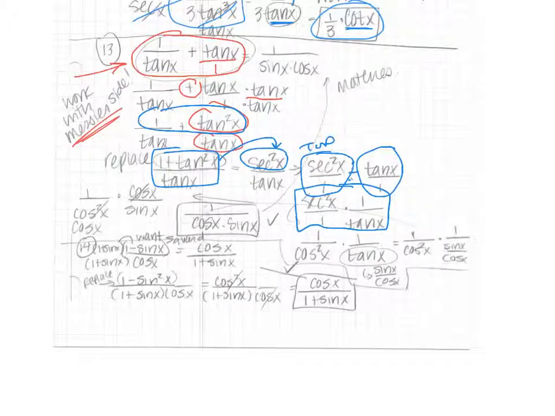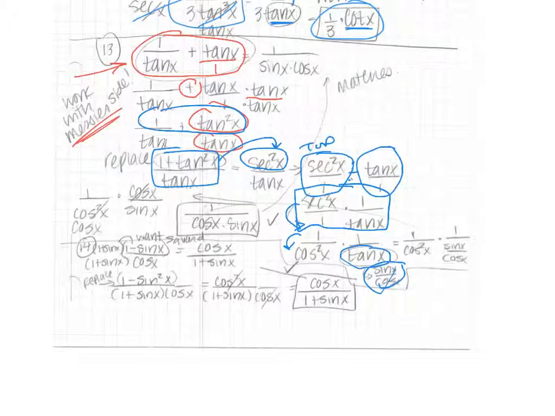And I usually said try to work with sine, cosine, and tan. So we move the secant to the bottom and we change it to cos because that's a reciprocal. And then we can replace tan with sine and cos because we would get stuck if we left it as tan.